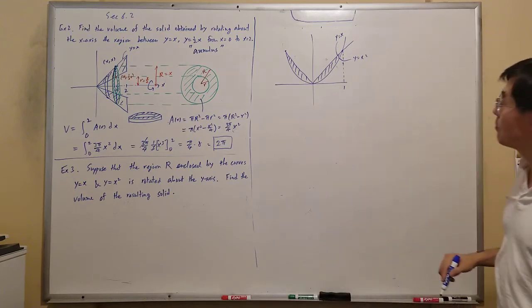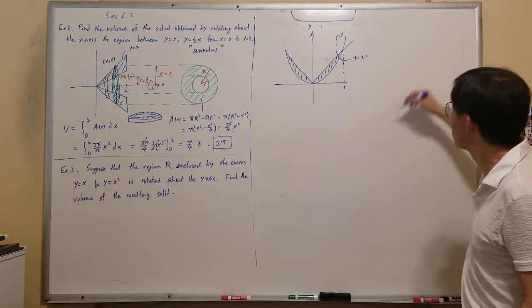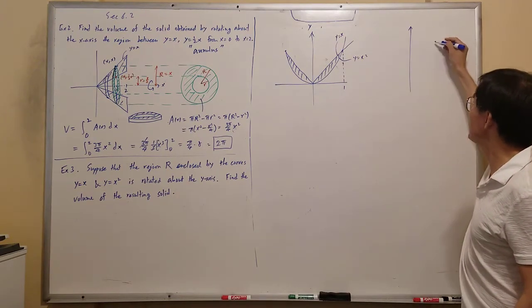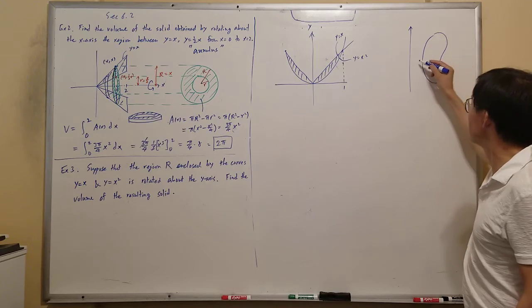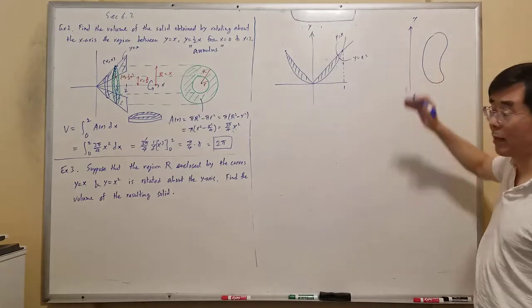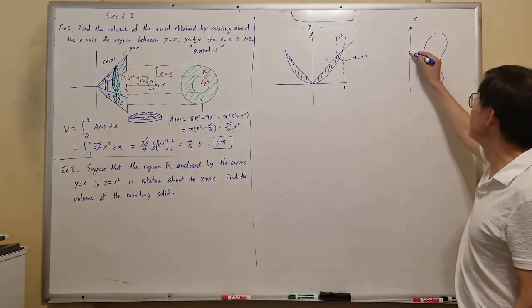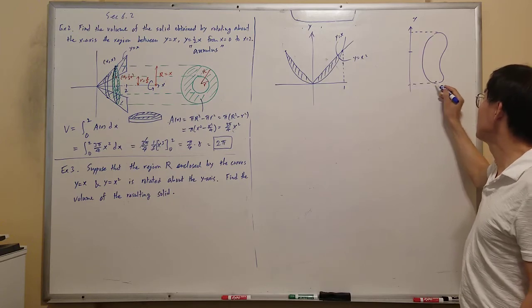Now this time, our axis of rotation is the y-axis. So even though I didn't do it explicitly, when the y-axis is the axis of rotation, you can approach it exactly the same way as along the x-axis.